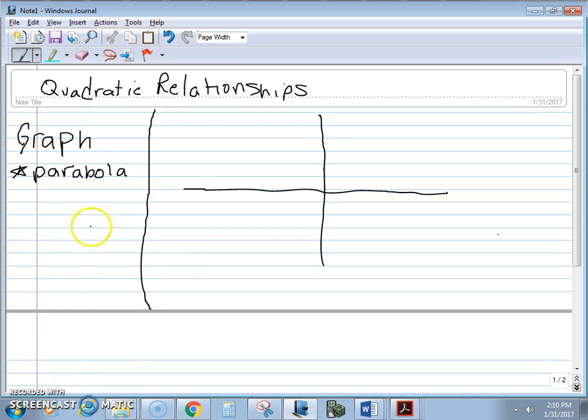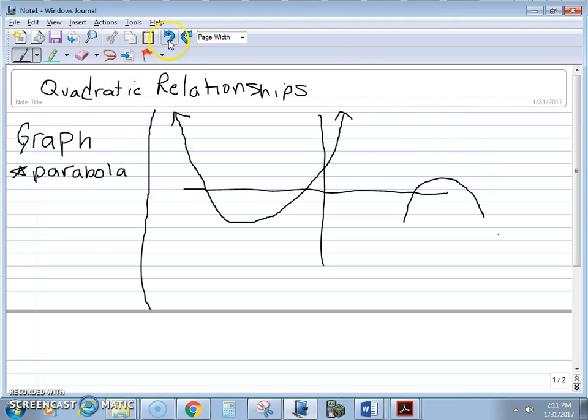And what it looks like if it's a positive relationship is kind of like a U. And if both sides of the graph go up, it's positive. But you could have it drawn like this, and this would be a negative parabola, okay?